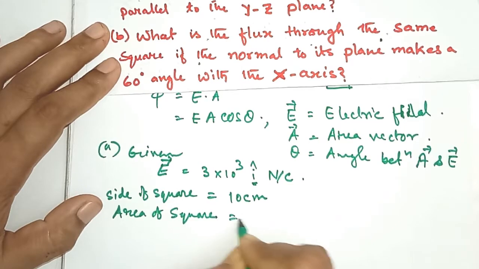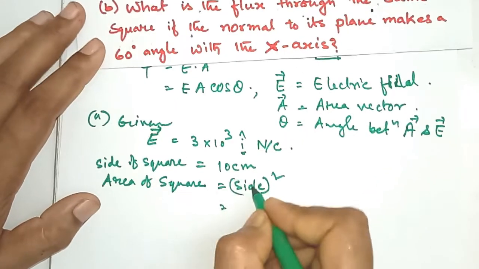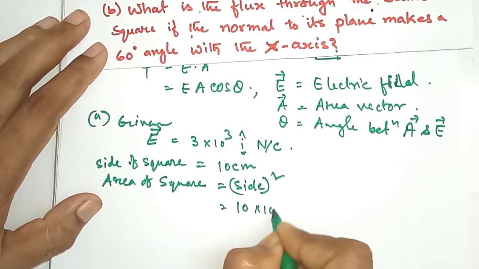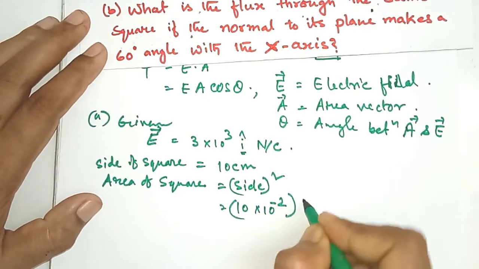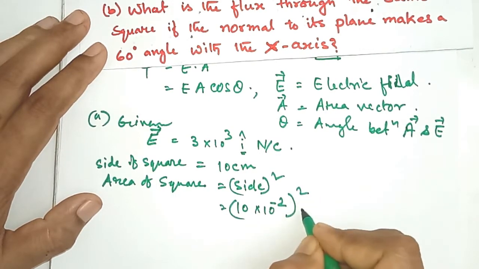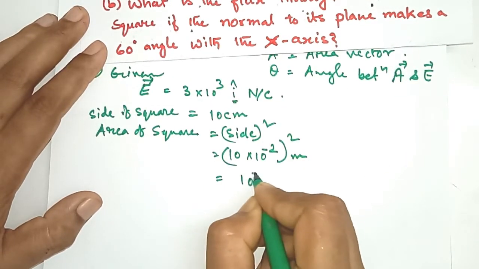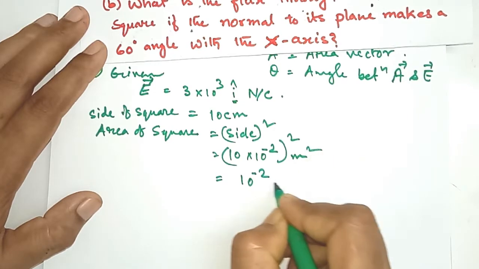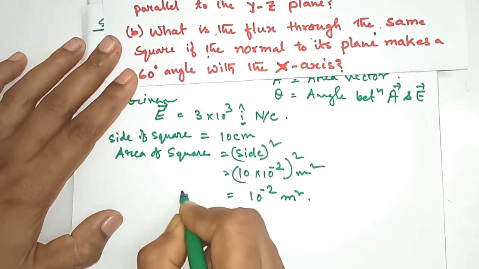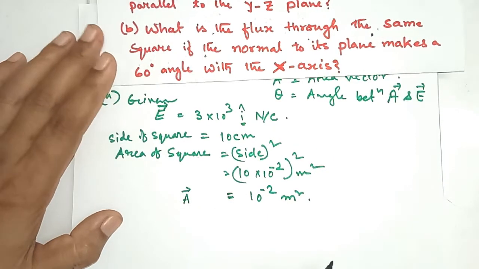Area of square is side square, so 10 into 10 to the power minus 2 square, which is in meter. We can write 10 to the power minus 2 meter square. This is the area of the square.